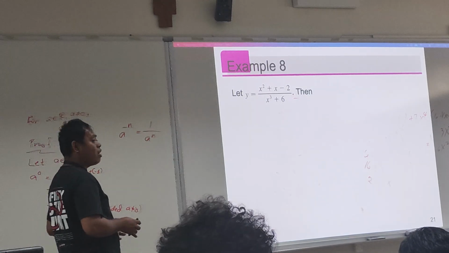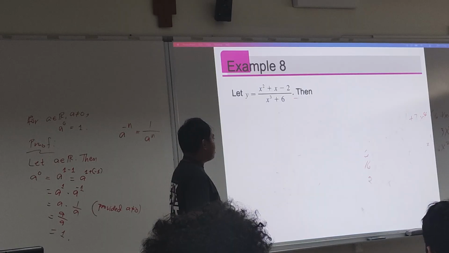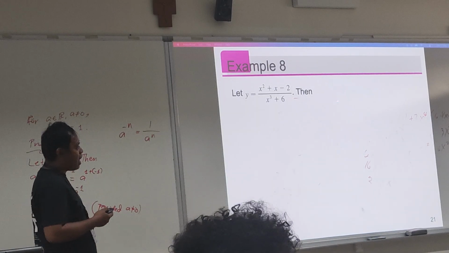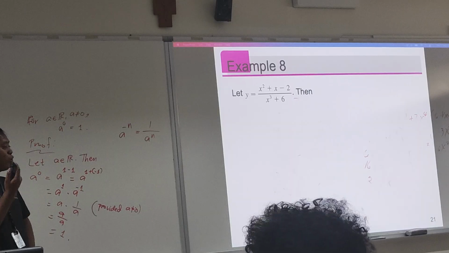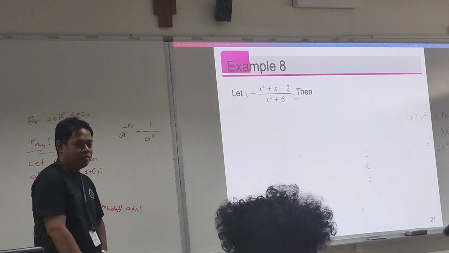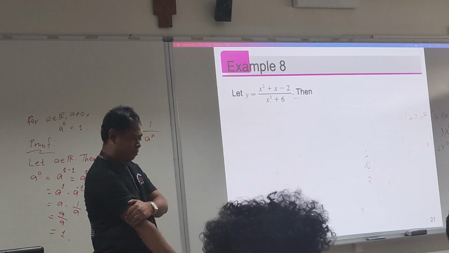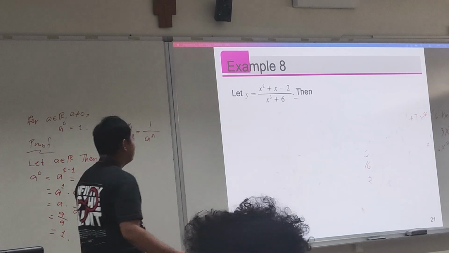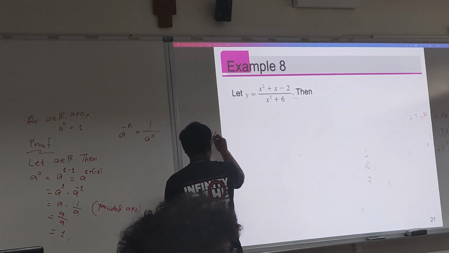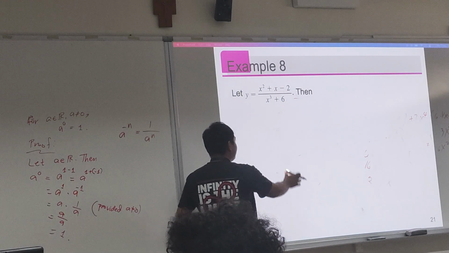Suppose this is your function: y is given by x squared plus x minus 2 divided by x cubed plus 6. Oh my God. So you are to use the quotient rule. So this is just y prime. Low D high is the meaning.